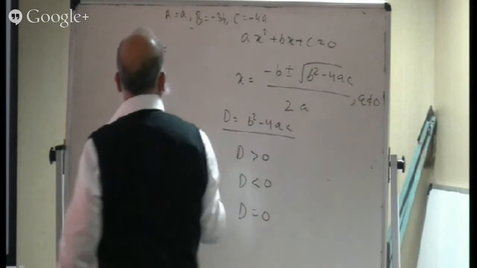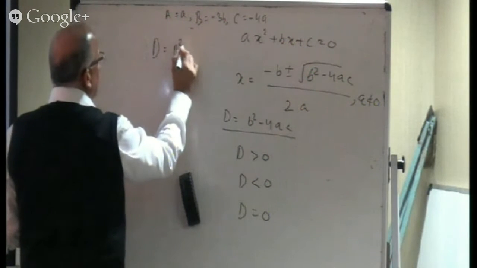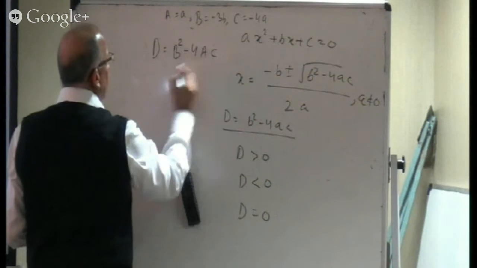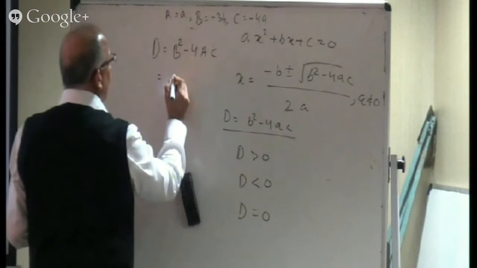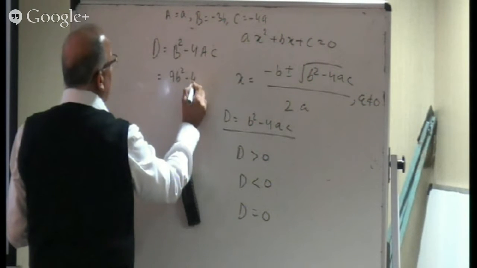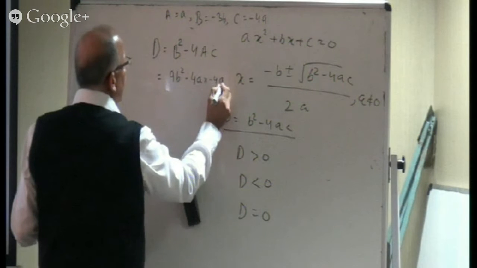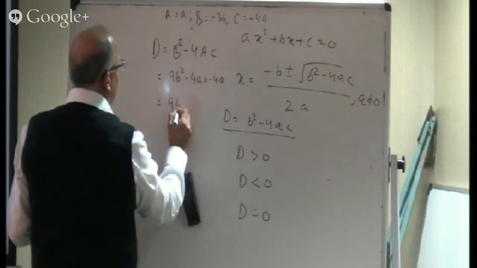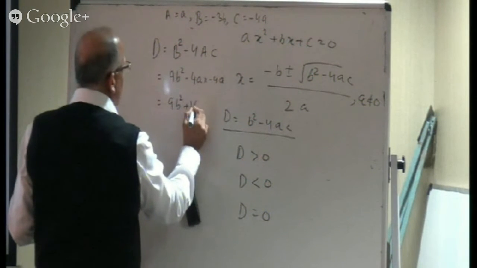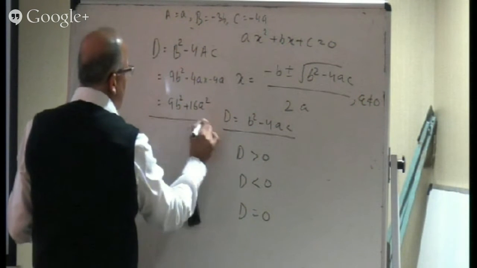So what is the discriminant? b square minus 4ac. That means 9b square minus 4a into minus 4a. So it is 9b square plus 16a square. What is this going to be?